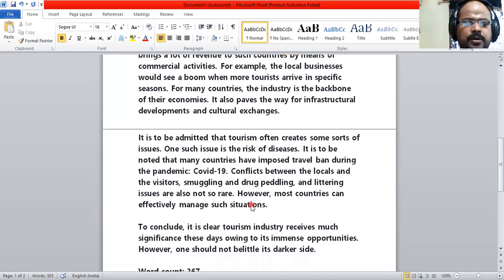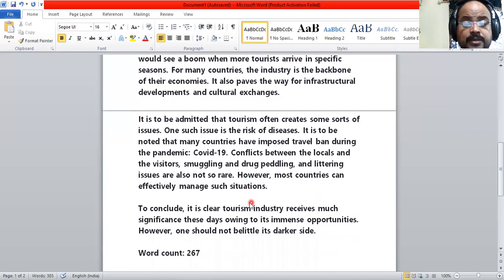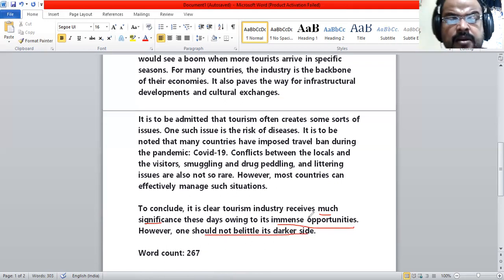Now, to conclude, it's clear the tourism industry receives much significance these days owing to its immense opportunities. Again, the words came, much significance. It creates opportunities, but one should not belittle its darker side.